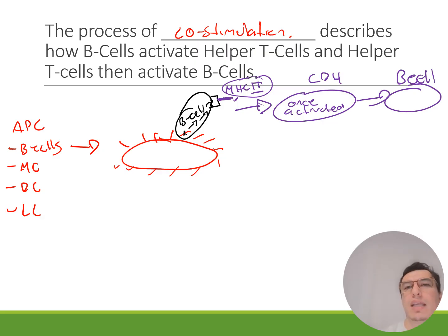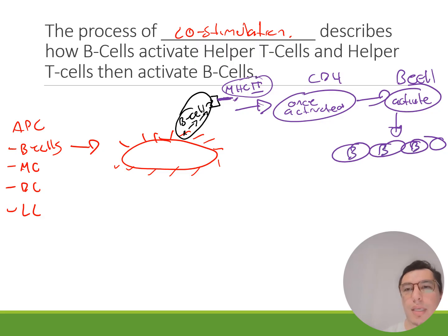And once it activates this B cell, then the B cell will start, we'll put it here, activated, will divide into multiple B cells. We're going to put here B, B, B, B. One of them is going to become a memory B cell, and these others will go on to become plasma cells.